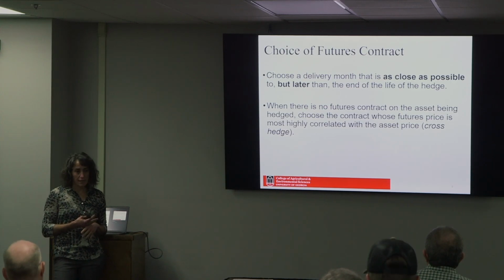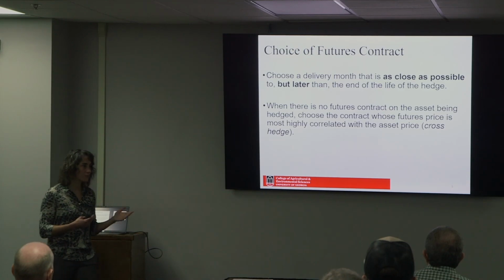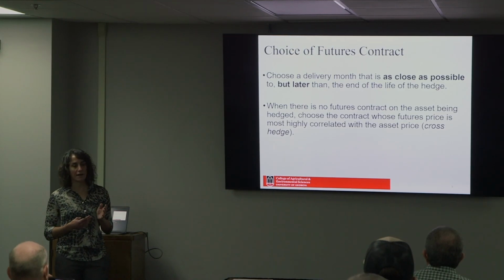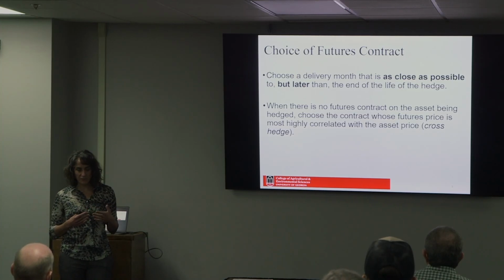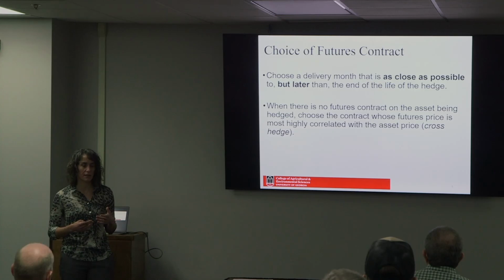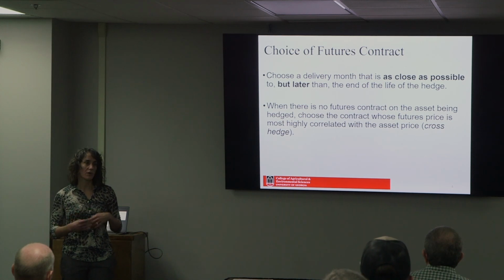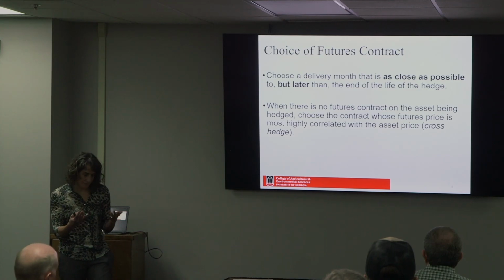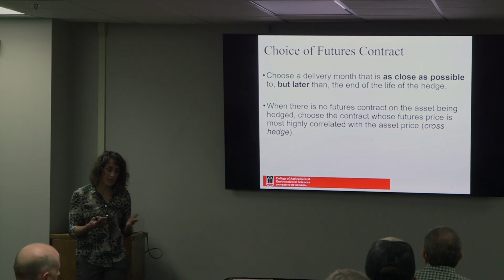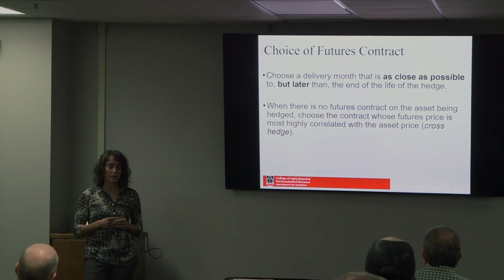You will naturally choose a delivery month that is as close as possible, but expires after your hedging horizon. For instance, if you are going to be selling your crop in December, you will choose a futures contract that expires after December, so that once you sell your crop in the cash market, you can close out your hedging position.